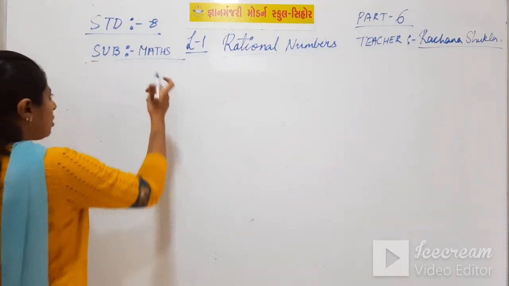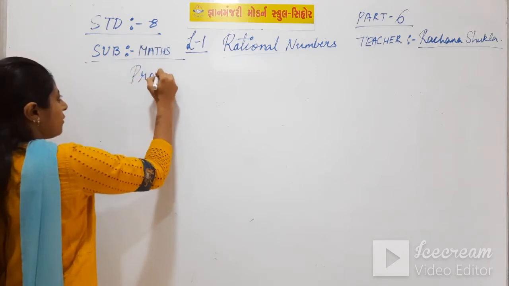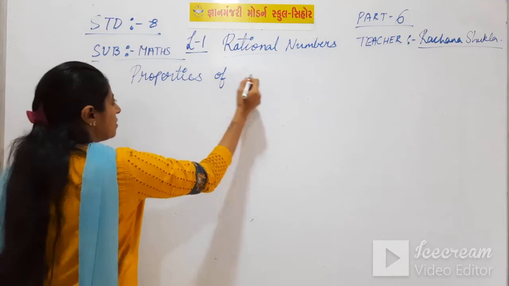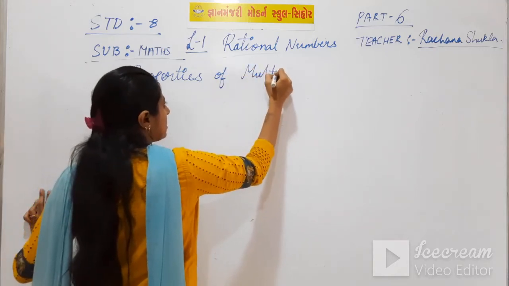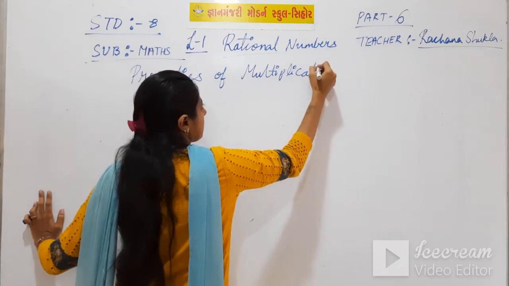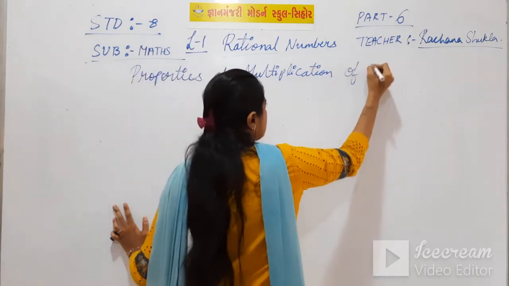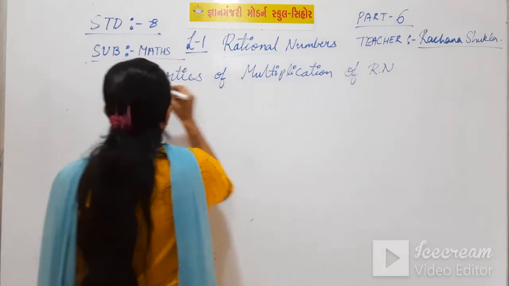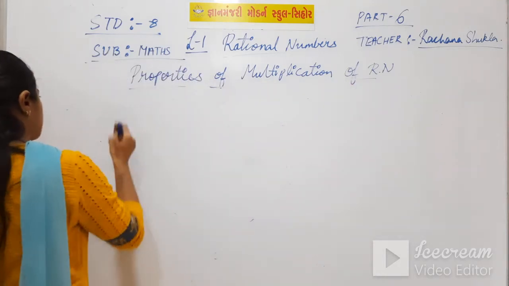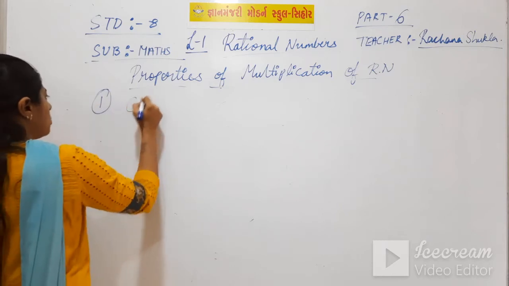Moving on to the topic of properties of multiplication of rational numbers. So, the first property, closure property.